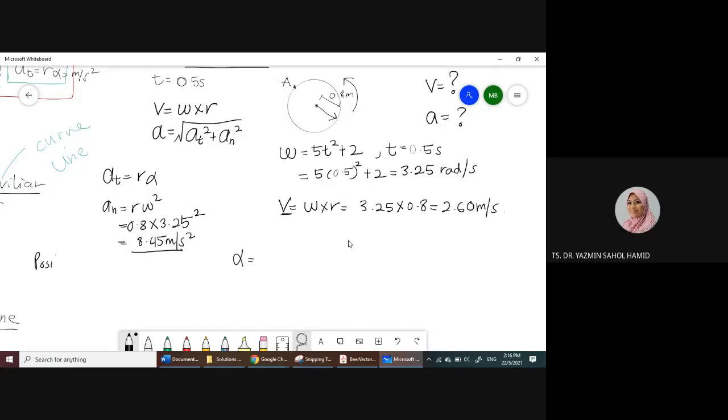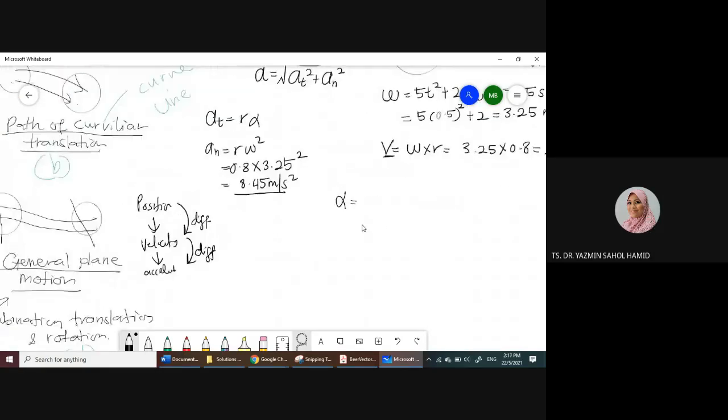Remember, from position to velocity you differentiate, and from velocity to acceleration you differentiate. However, from acceleration to velocity you integrate, and from velocity to position you integrate.